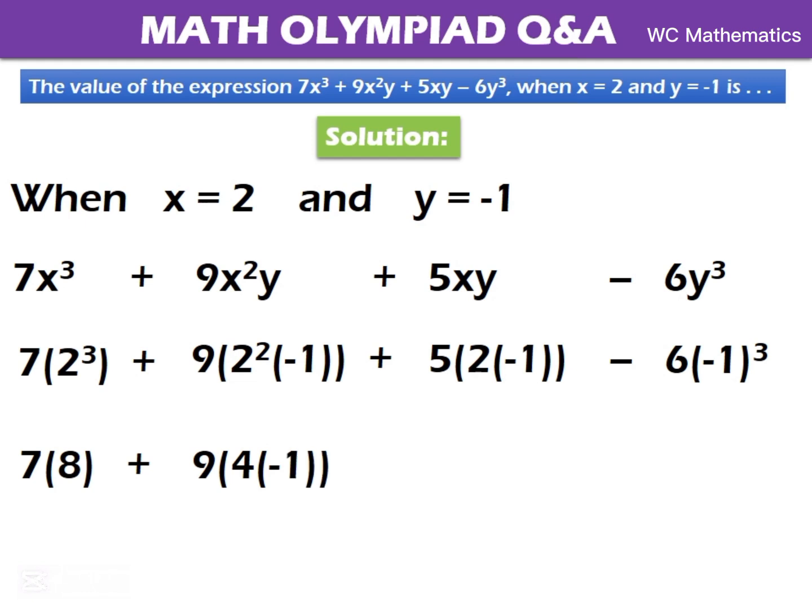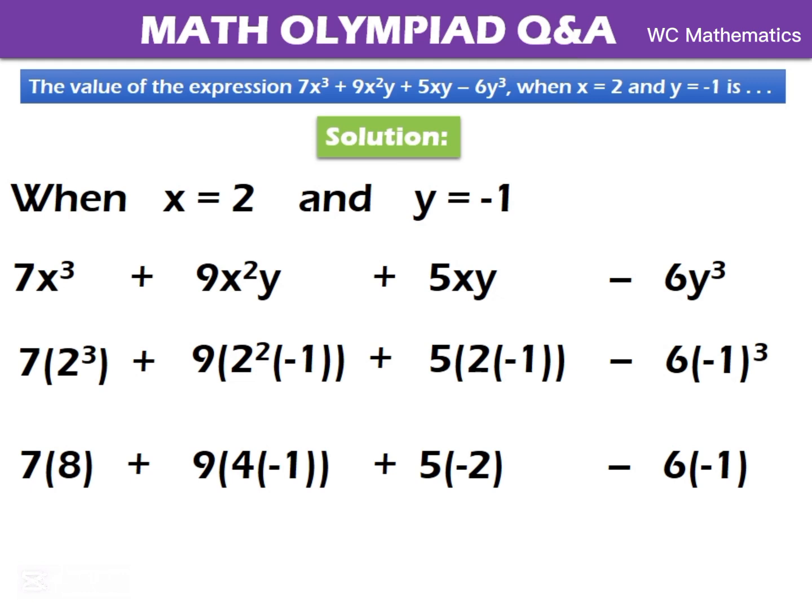That's because 2 raised to power 2 is 4. So keeping the plus sign again, the next term now becomes 5 into bracket minus 2. Why? Because 2 times minus 1 is minus 2. So finally we'll keep the minus sign, and then the next term becomes 6 into bracket minus 1. Why? Minus 1 raised to power 3 is minus 1.